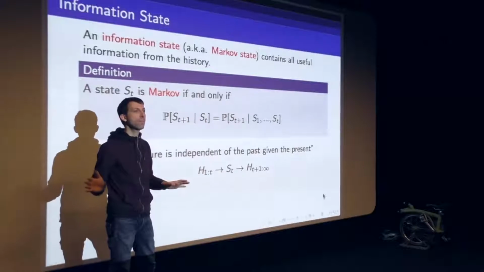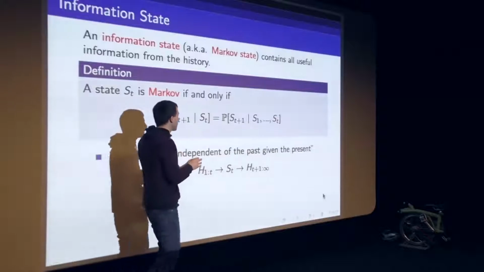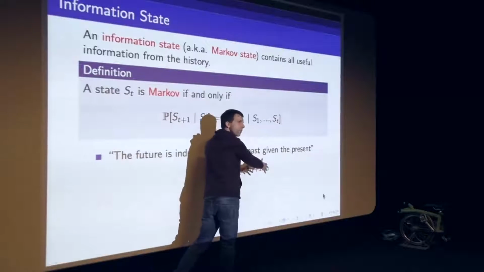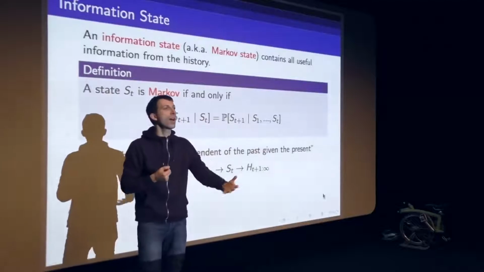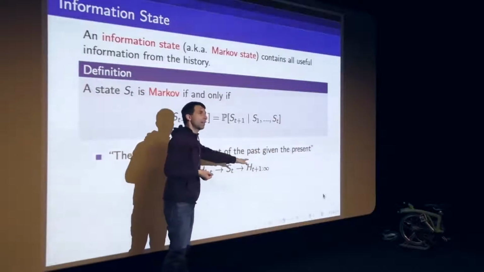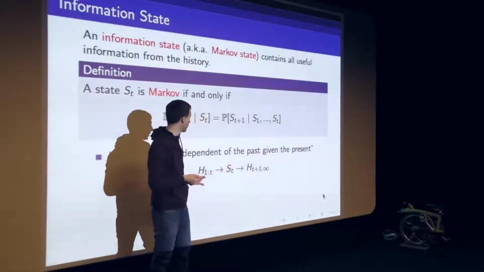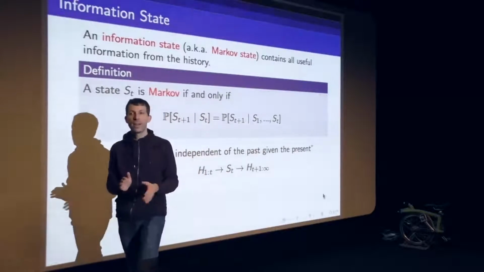It means you can throw away everything that came before, just keep your state, and you're good, because you haven't given up anything. That state still characterizes everything about the future, all future observations, actions, rewards. The distribution over those events is the same, conditioned on your state, as it is conditioned on the whole history. So you can work with something much more compact, and everything will be fine.